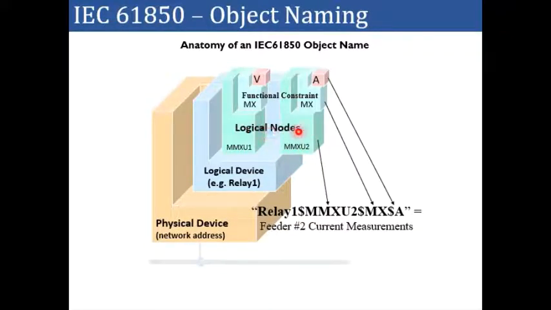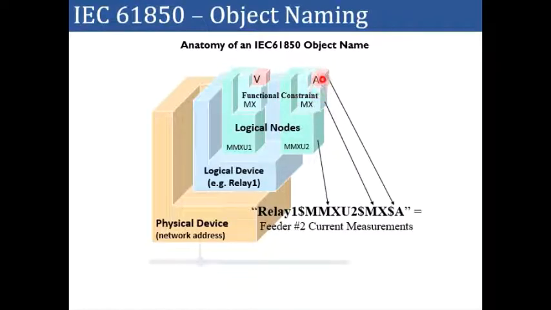These two will be the logical nodes, and after the logical nodes we need to set a functional constraint, that is MX in both of the cases. Whatever functional constraints we want to see will be in MX, and in the functional constraint you will have separate measurements. One may be for voltage and another for current.